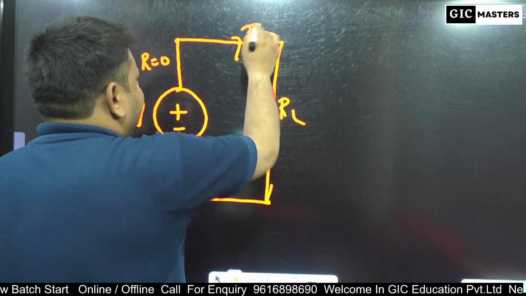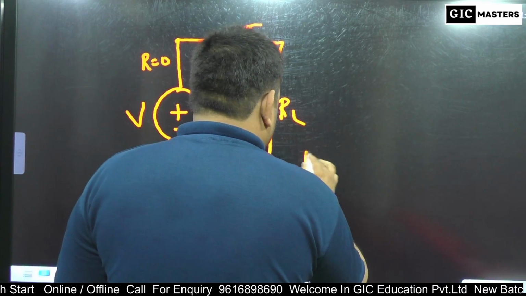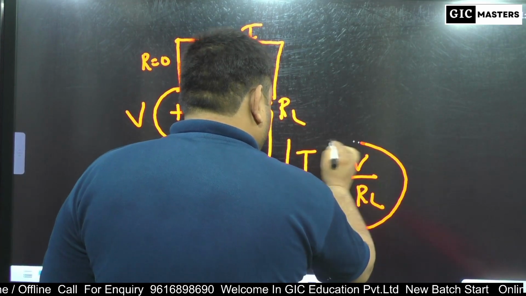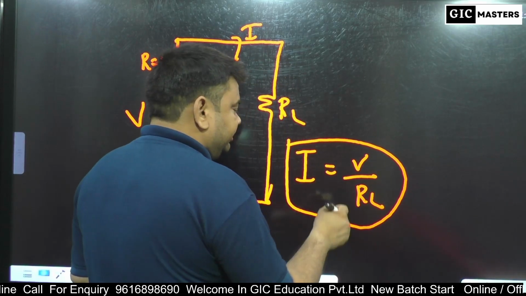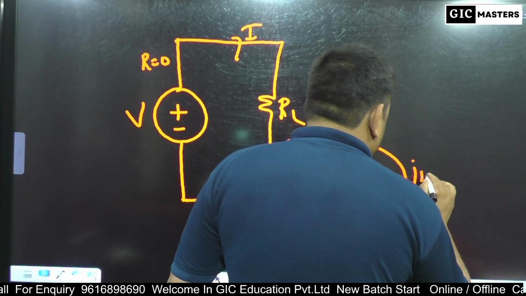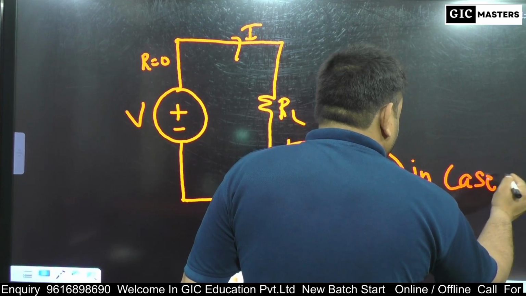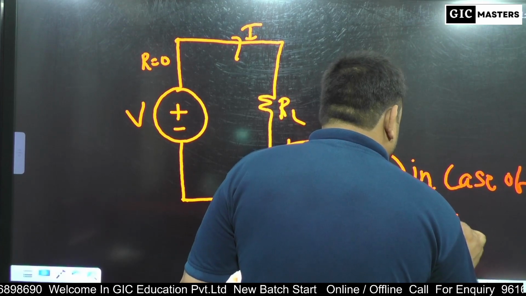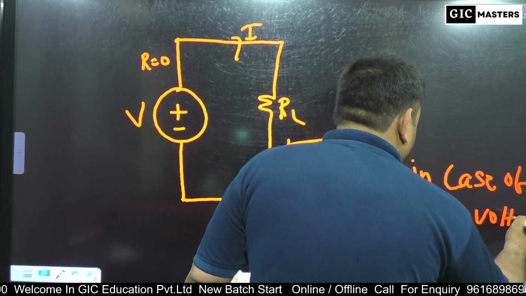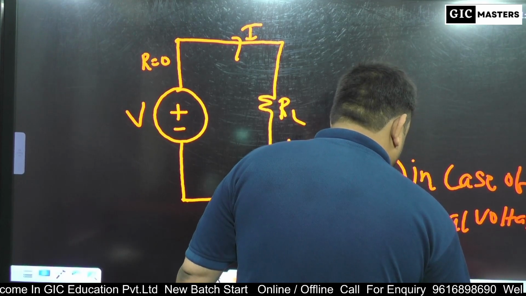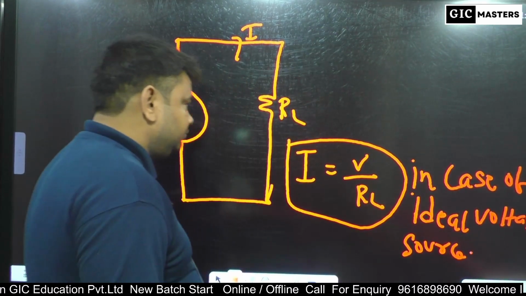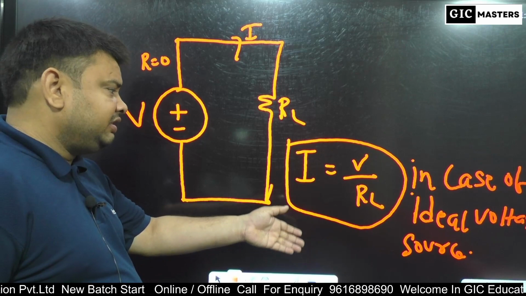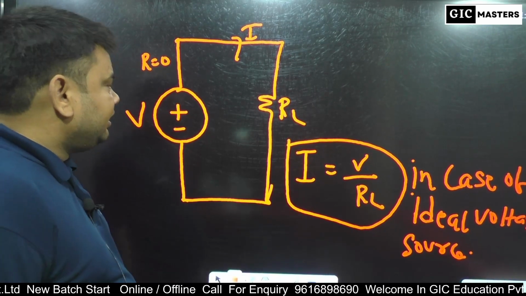Here the current is I equals V upon R. These are the relations between current, voltage and load resistance in case of ideal voltage source.